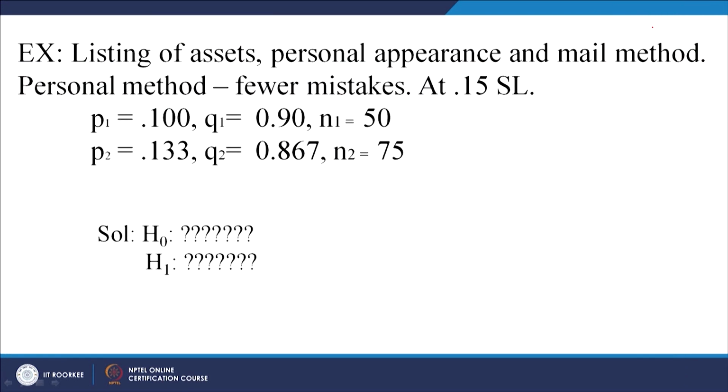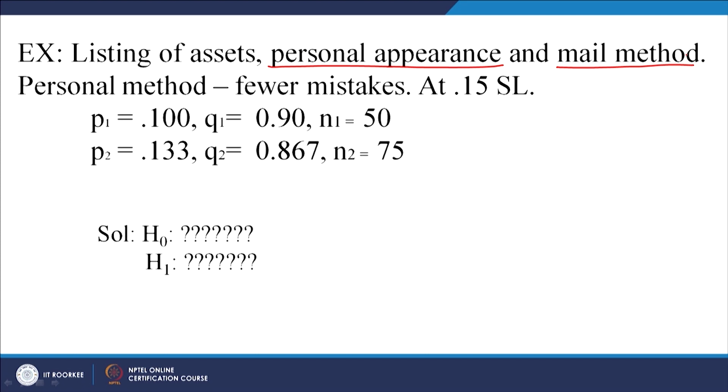Let us say the income tax department wants people to file more and more income tax returns. There are two methods. The first is that people can go to the office personally, or they can send their returns through mail.